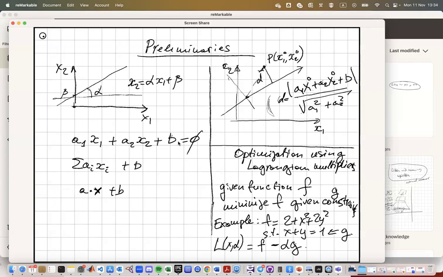Sorry, can you repeat what was the distance calculated in the upper part, right? Well, you mean here? Yeah. So this is a distance from a point, from some point in this coordinate system of two features, just to visualize, to a line which is specified by a certain parametric equation.